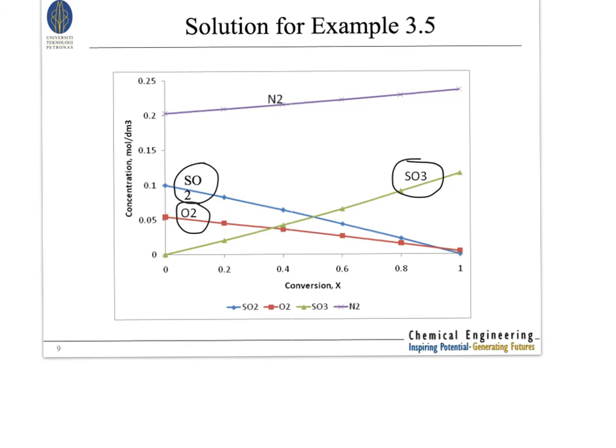And you will also have the inert, N2. Please refer to the textbook, Fogler, pages 115 to 118 for more understanding of this example.